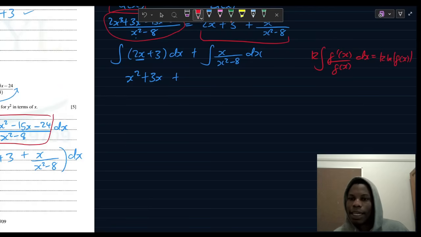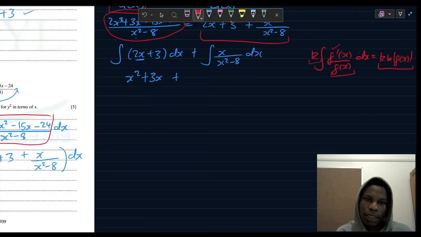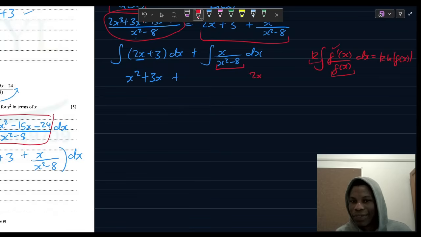So what this is saying is that if you differentiate your denominator and you find that its derivative is the same as the numerator multiplied by some constant, then this integrates to just k ln f of x. So if we differentiate our denominator here, we get 2x, which is very close to being equal to our numerator.